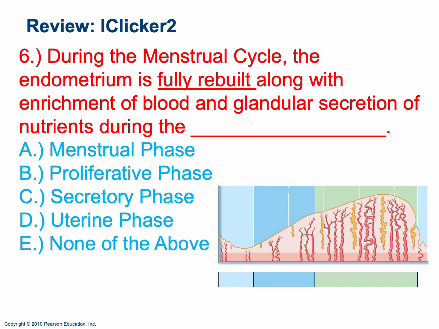Number 6, during the menstrual cycle, the endometrium is fully rebuilt, completely rebuilt, along with enrichment of blood and granular secretion of nutrients during this phase of the menstrual cycle. So what would be the correct answer here?